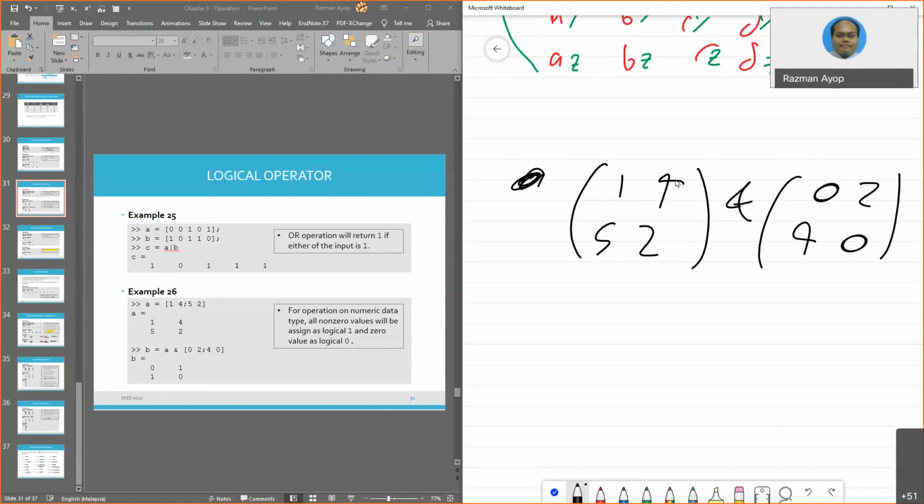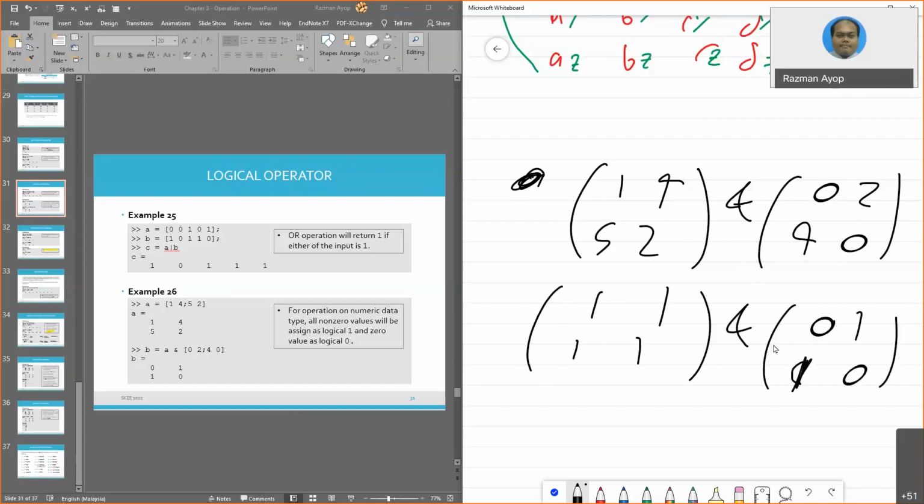So remember, automatically for this type of system, for logic, you have to change non-zero to 1. So 1, 1, 1, 1, and 0, 1, 1, 0. So this one, automatically you just follow this. So 0, 1, 1, 0.